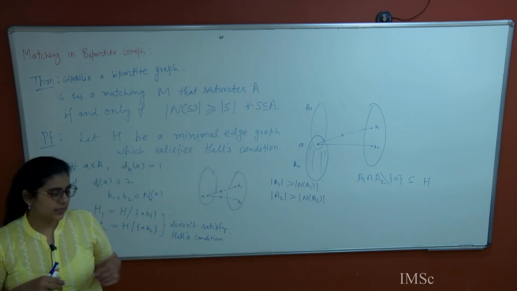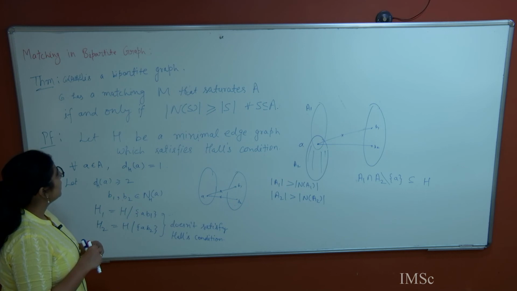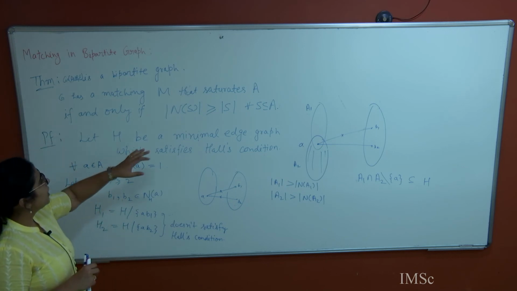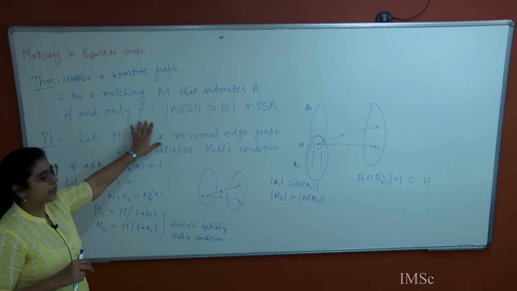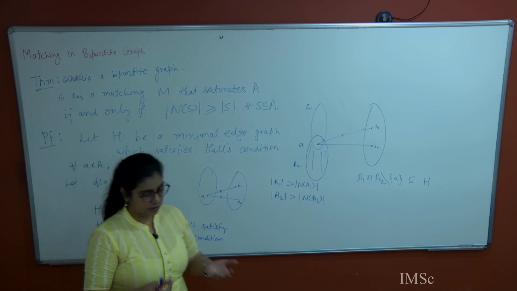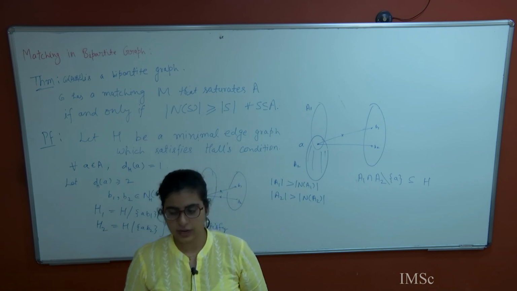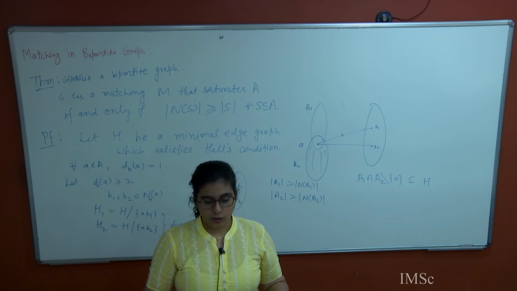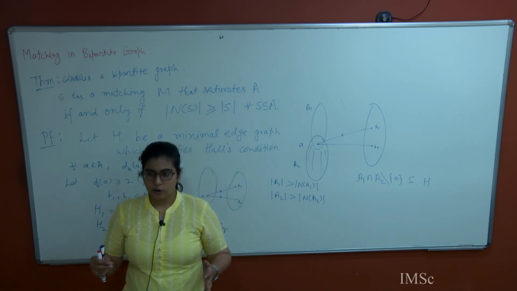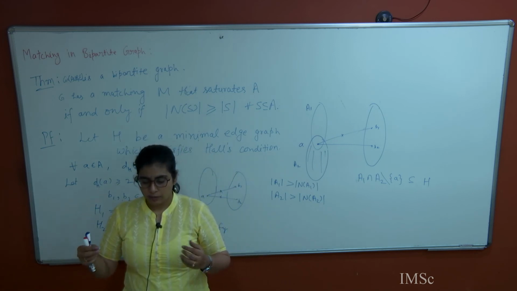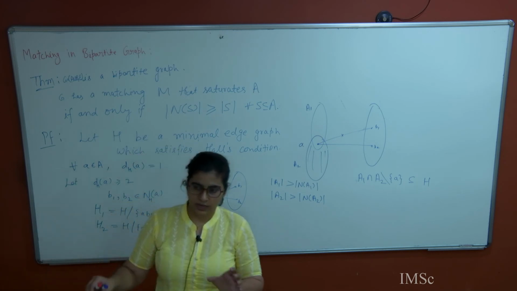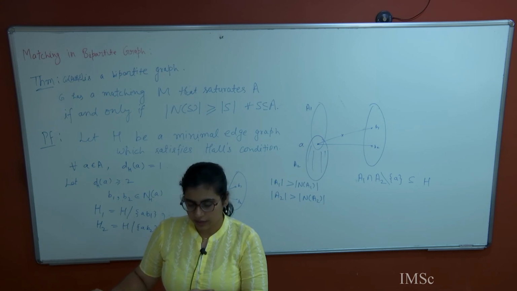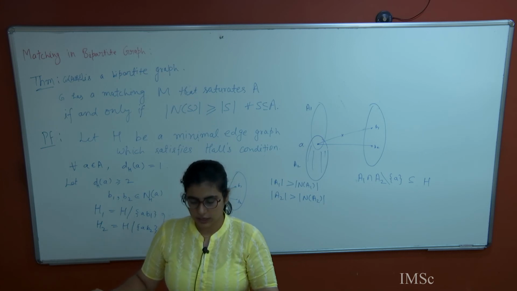Okay, so I will start again. I am in the reverse direction, right. I have a graph which satisfies Hall's condition, and I want to prove that there exists some matching which saturates A. So among all those graphs on n vertices, I am taking a graph with the minimum number of edges which satisfies Hall's condition.